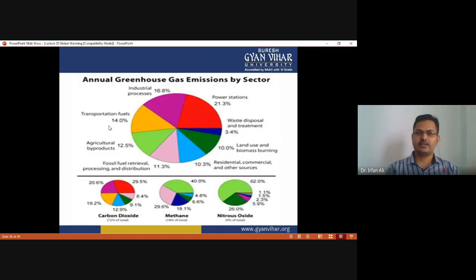So this figure shows the annual greenhouse gas emissions by the various sectors. 16.8% of greenhouse gases are emitted by industrial processes, and 21.3% by power stations, and 3.4% by waste disposal and waste treatment, and 10% released by land use and biomass burning, and 10.3% by residential, commercial, and other sources, and 11.3% through fossil fuel retrieval.